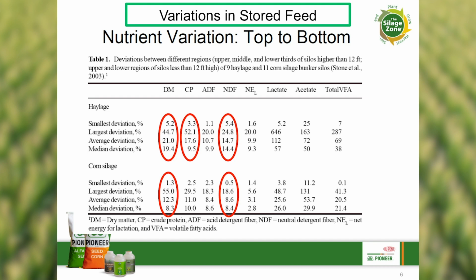Corn silage 1.3% all the way up to 55%. And the same thing can be done on the crude protein with the haylage, NDF on both the haylage and corn silage. So again, we just have to recognize that there's a tremendous amount of variation there that we have to accommodate. And the only way we can do that is by sampling, tracking, and then adjusting for it.